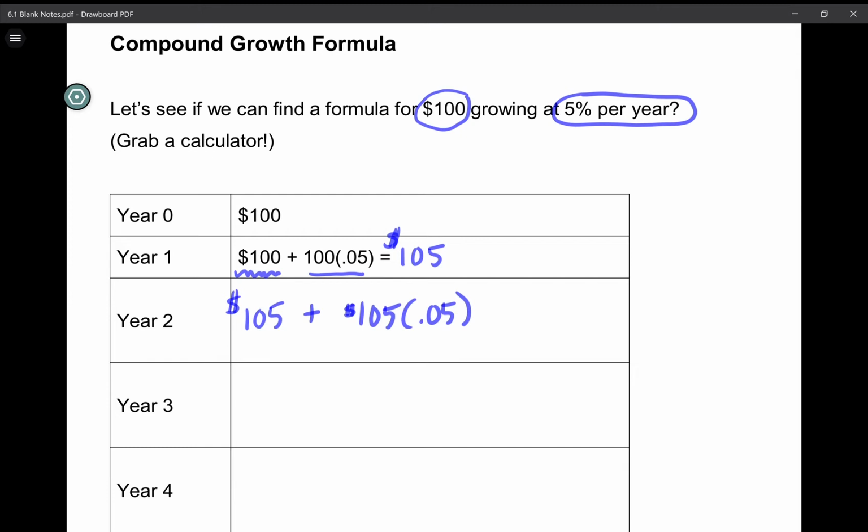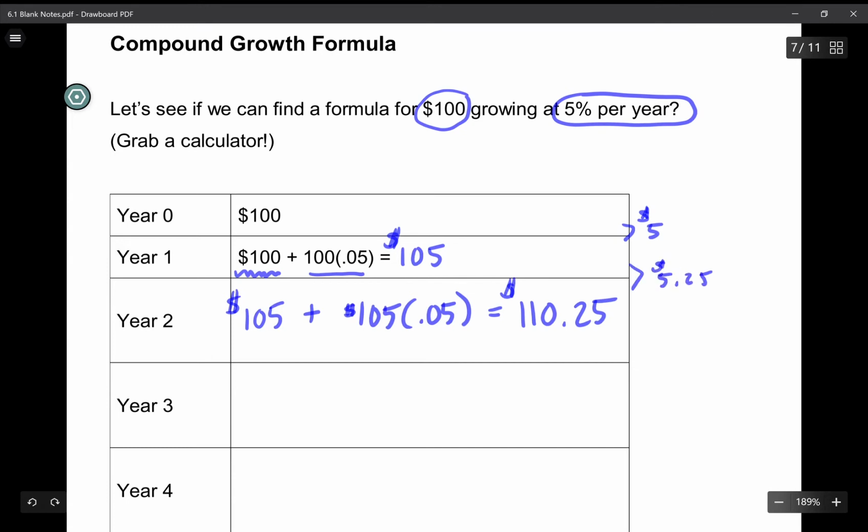I got $5.25. Add that to 105, and we get $110.25. All right. So I earned more this year than I did the previous year. The first year, the change was just $5, right? And this year, the change is $5.25 because I have a little bit more money.